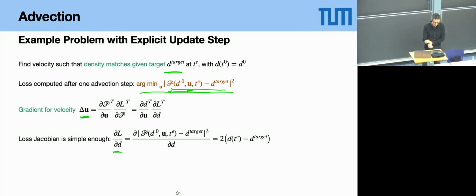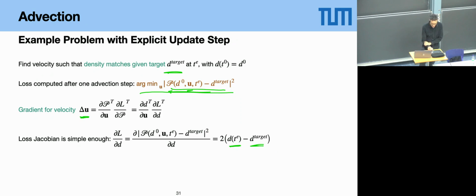So Jacobian, in this case, the derivative of the loss for such a squared loss is quite simple. It's just the difference of the density of this marker field that comes out minus the one at the target, and you can see it as 2 functions, the inner derivative and the outer derivative, and from the outer one we then actually get another factor of 2 here from the square.